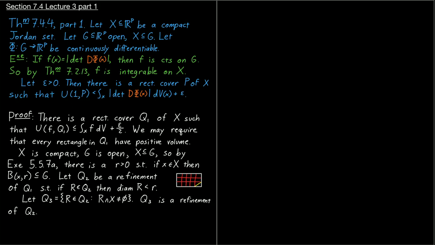It's still a cover. The only rectangles we threw away were the ones we didn't need to cover X. It's still a collection of non-overlapping rectangles, and every rectangle in Q3 is a rectangle in Q2, so it's contained in a rectangle of Q2. Now let's let K be the union of all the rectangles in Q3.